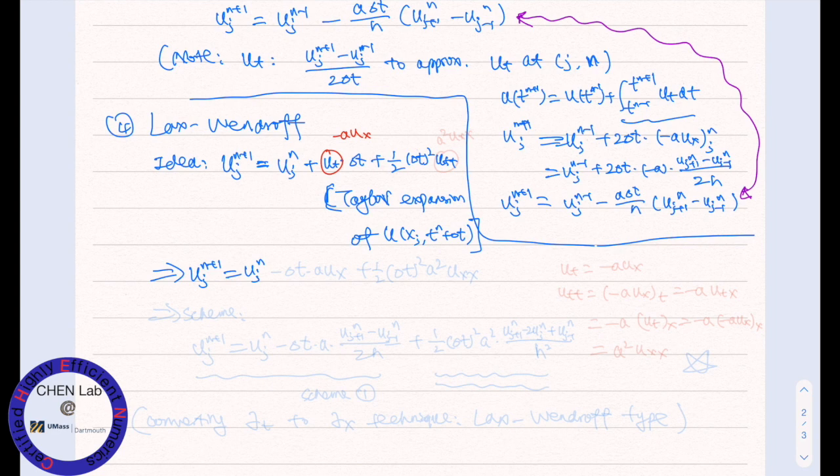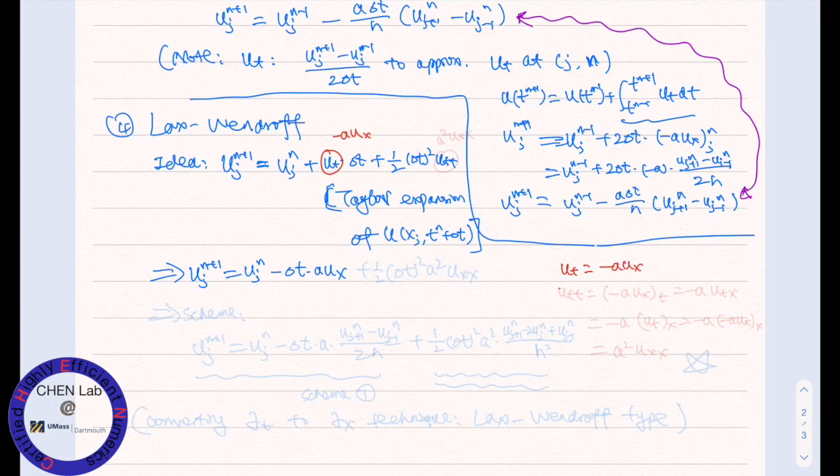We know ut, because by the equation ut is equal to negative a ux. So this is going to be minus delta t times a ux. And the question is, what is utt? The trick is that we know ut is negative a ux.